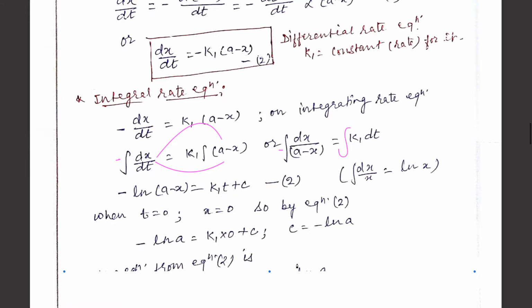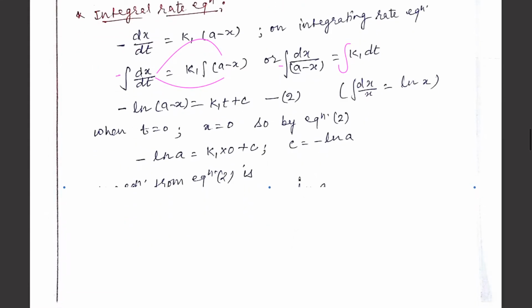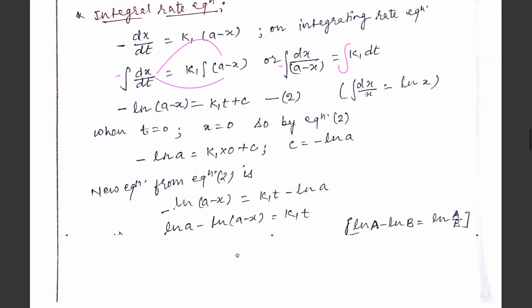Now put the value of c in equation 2. This equation becomes minus ln (a minus x) is equal to k1t minus ln a. The value of c is minus ln a. Now again transpose minus ln a from this side to this side. We get this equation.